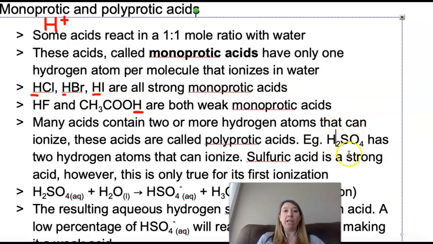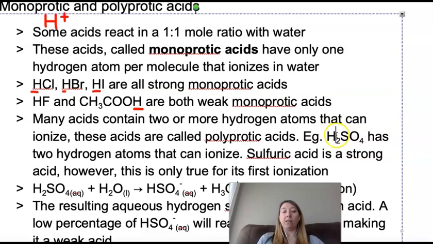So what we find when we are dealing with those acids that are polyprotic is they lose these hydrogens a little bit differently than some of our other types of compounds do. And what happens is we have to take one hydrogen off at a time. So although this has two H's in it, right, we're not just going to suddenly break this apart into 2H+ and a sulfate. We have to take them off one at a time.